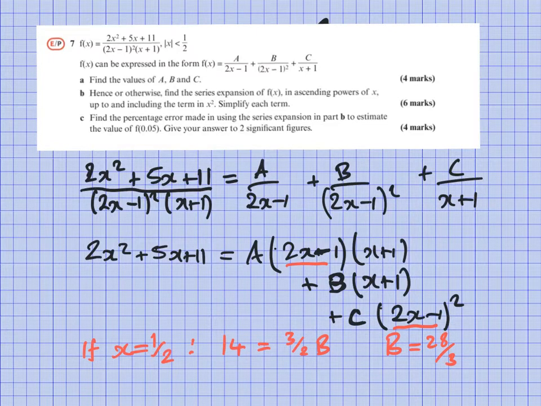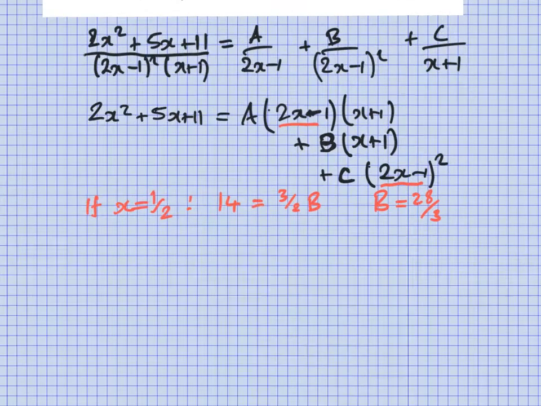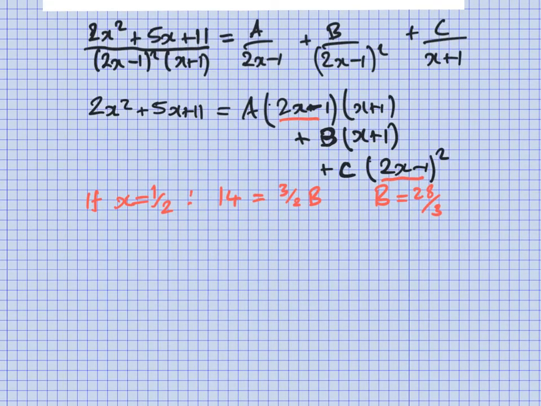Which is an exciting number. Right, next I'm going to substitute in the value x equals minus 1. So let's choose a different color. If x equals minus 1, then I'll get 1 minus 1 squared is 2, 1 times 2 is 2. 2 plus 11, 13, take away 5, 8 equals, now because x is minus 1, that piece will cancel, and that piece will cancel, and I get just this section here.